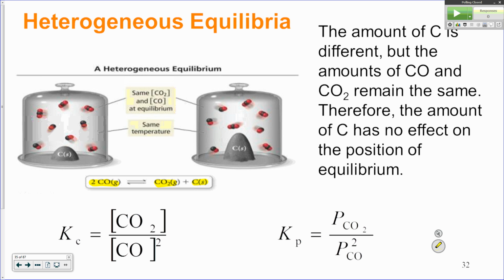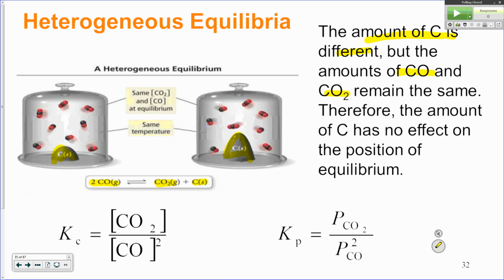It doesn't matter how much carbon I have in this vessel. Whether I have just a little or a lot, as long as there's any carbon present and the system's at the same temperature, it's independent of the amount of carbon. The amount of CO and the amount of CO2 are going to be the same in both systems.